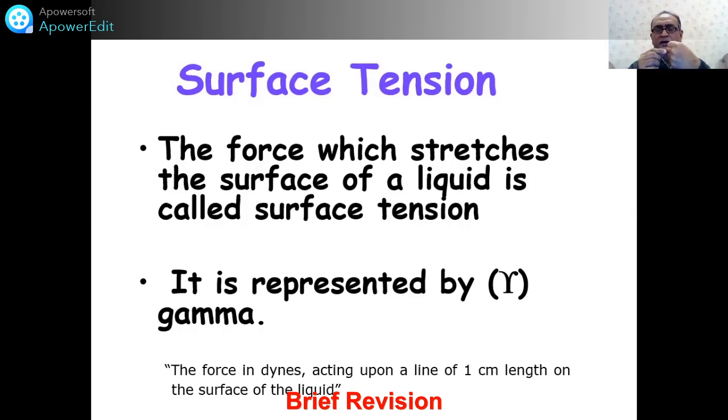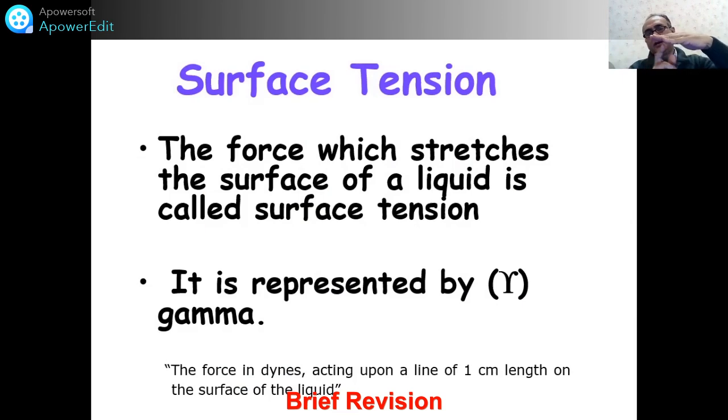If a molecule is attracted from this side, then it is attracted from the other side too. Means this molecule is experiencing balanced forces, whereas the molecules at the surface of the liquid experience unbalanced forces.